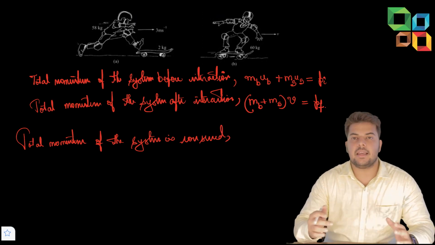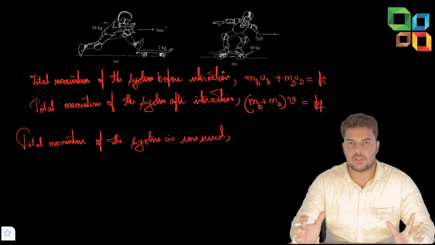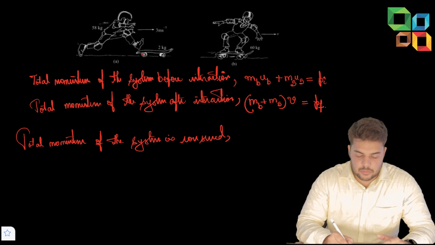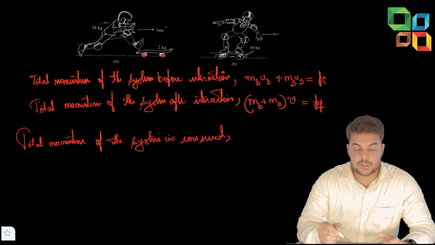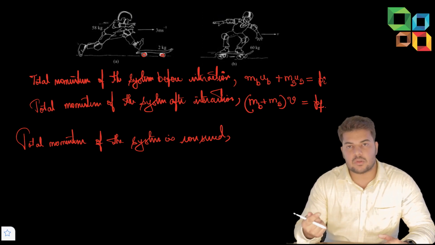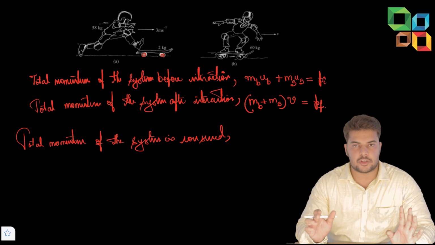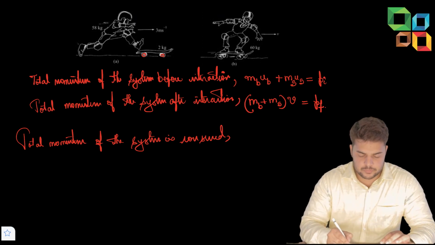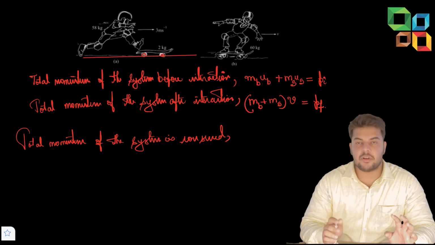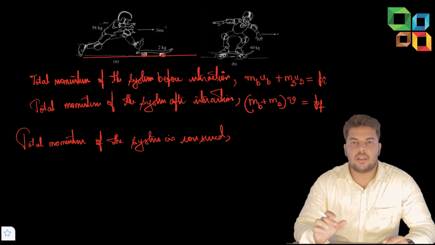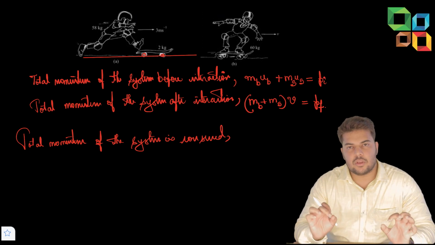Meaning, in the absence of any external forces. So why can I assume that there is no external force? Because first of all, the skateboard has wheels. So even if there is a small friction, because of the wheels, that frictional force would be reduced. Also, we assume that there is not much friction between the ground and the skateboard in the first place.